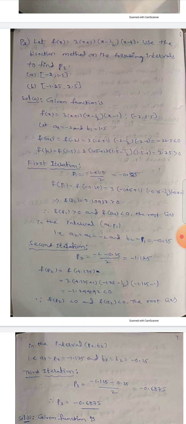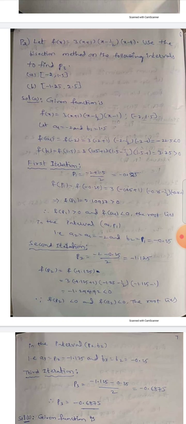f of a1 is equal to f of minus 2 equals 3 into minus 2 plus 1 into minus 2 minus 1/2 into minus 2 minus 1. Simplifying gives -22.5. This is less than 0. f of b1 is equal to f of 1.5 is equal to 3 into 1.5 plus 1 into 1.5 minus 1/2 into 1.5 minus 1.